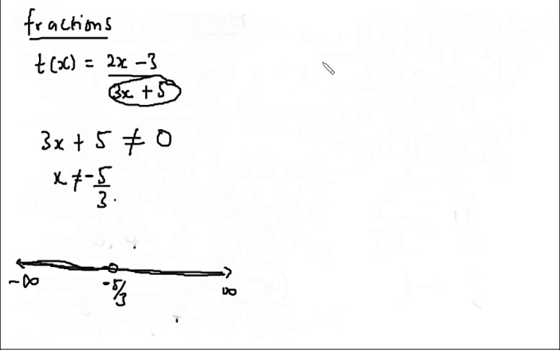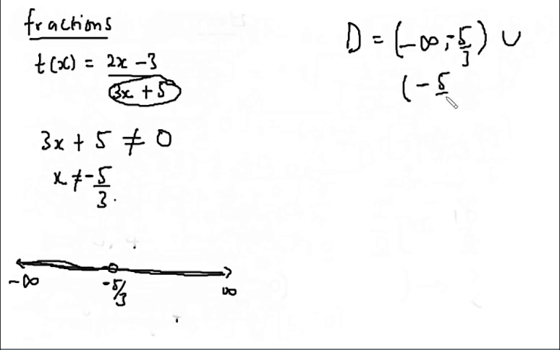So we can write the domain of this function as: this region is negative infinity, comma, negative 5 over 3, with a parenthesis, union of negative 5 over 3, comma, positive infinity.